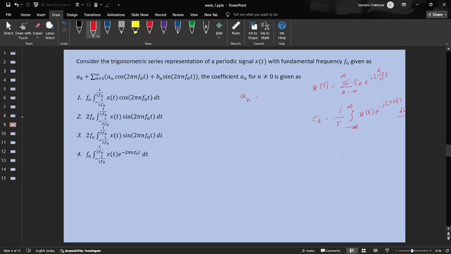Sorry, it's a periodic signal, so the limits should be minus T over 2 to T over 2, my mistake. How do you think I can find the coefficient an here?